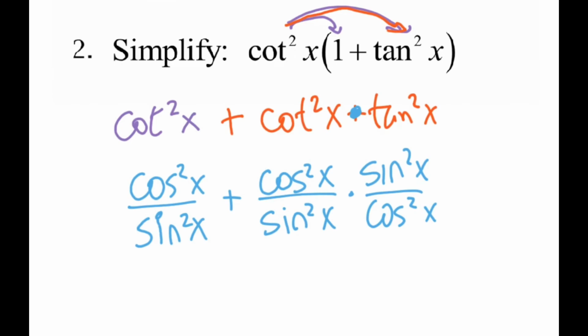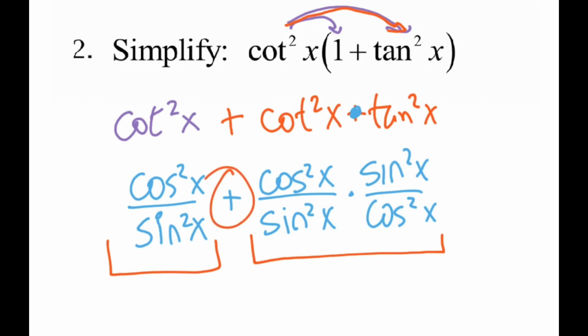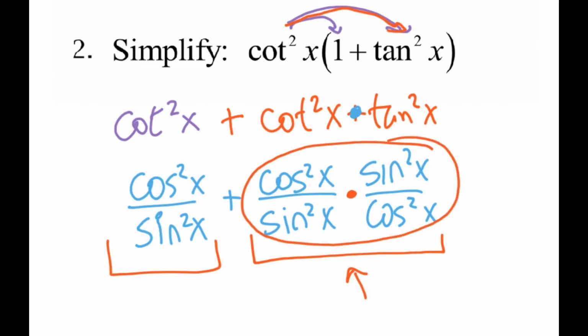Okay, now what we have here is I've got one term and another term. And so if I'm going to add them, I can't do it yet because I don't have a common denominator. So let's look at this one right here. And if I look, I'm multiplying. And so multiplying, just focus on that. If I'm multiplying, I can cancel common factors.